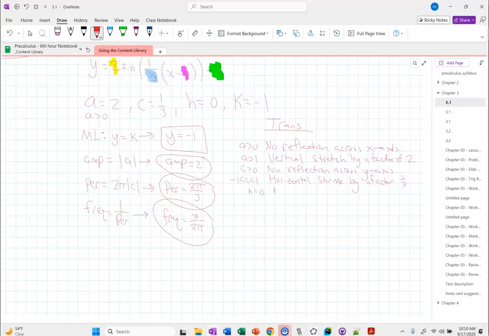My H equals 0, so I have no shift. Oh, I did Euro case first. My K is less than 0, so I shift down 1 unit. And my H equals 0, so I have no horizontal shift.